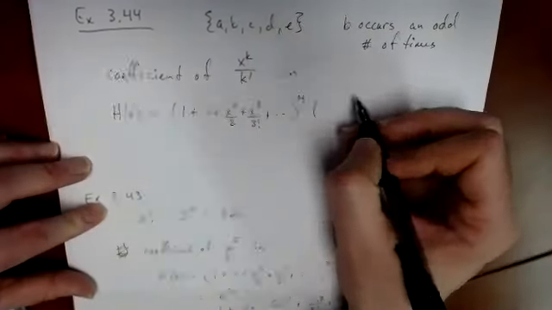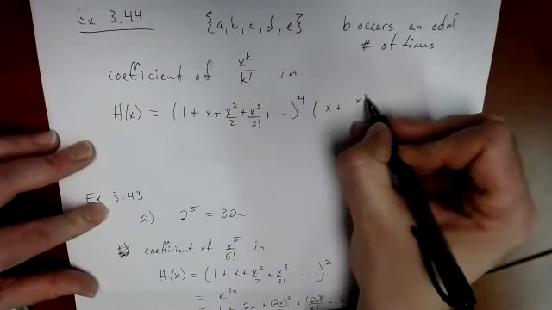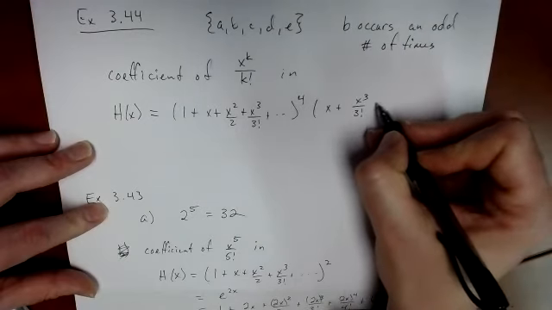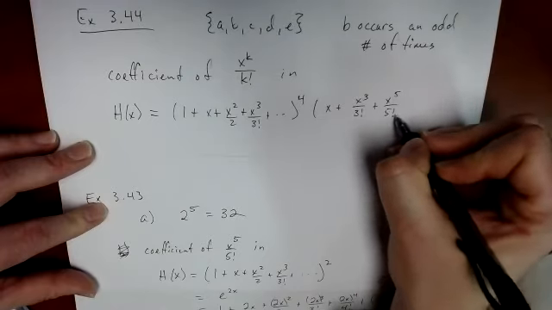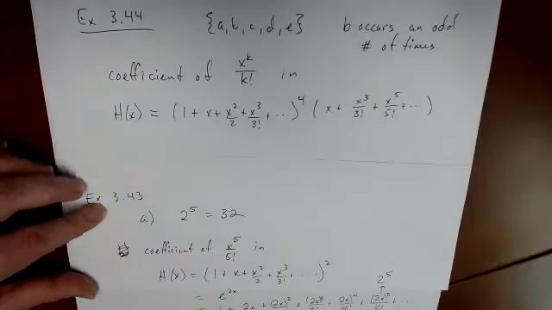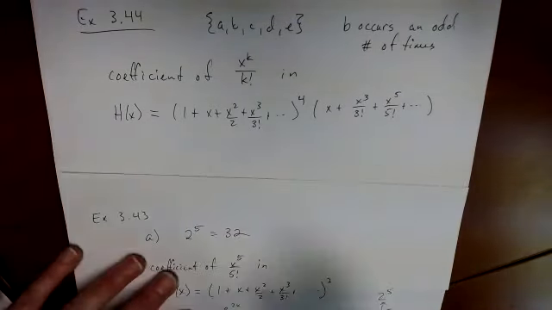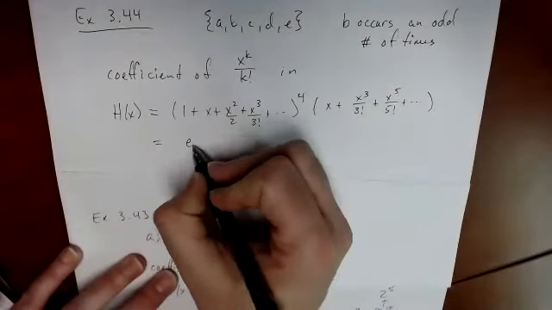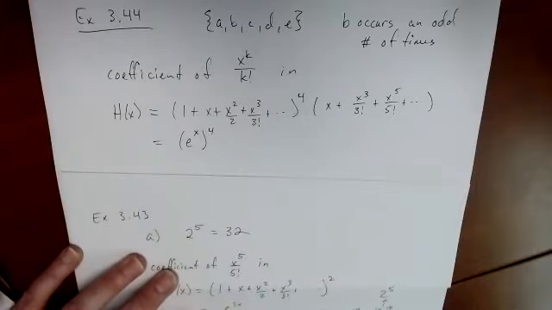And then for B, we get x plus x cubed over 3 factorial plus x to the 5th over 5 factorial, and so on. So this is equal to e to the x to the 4th.